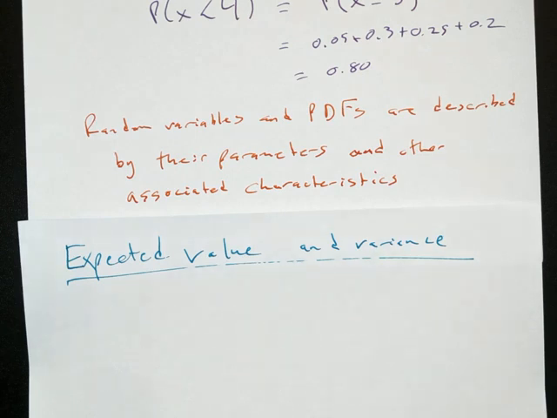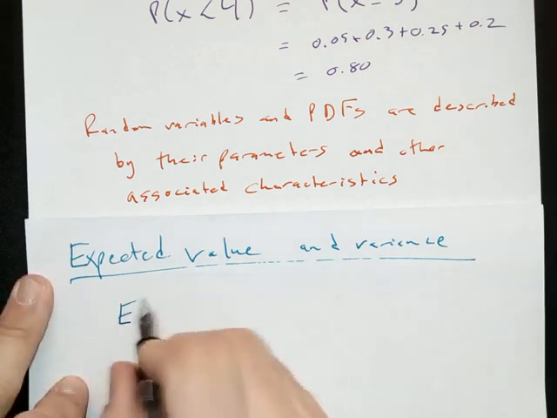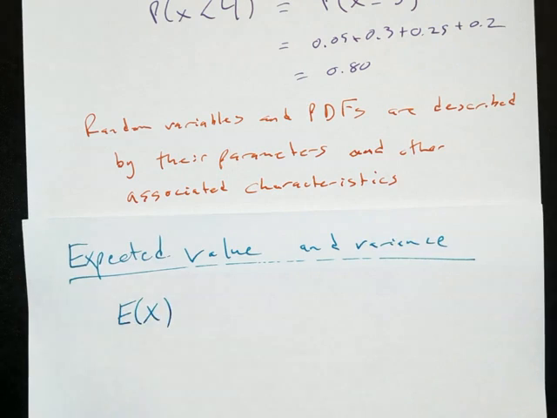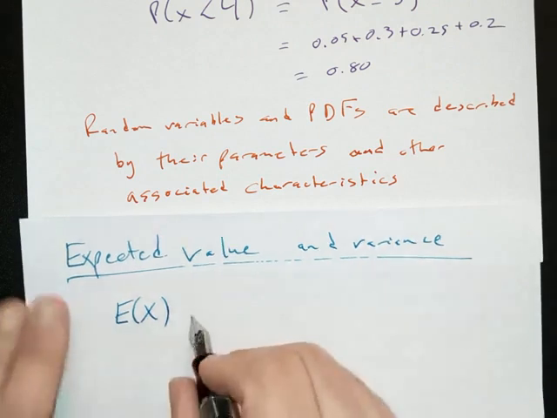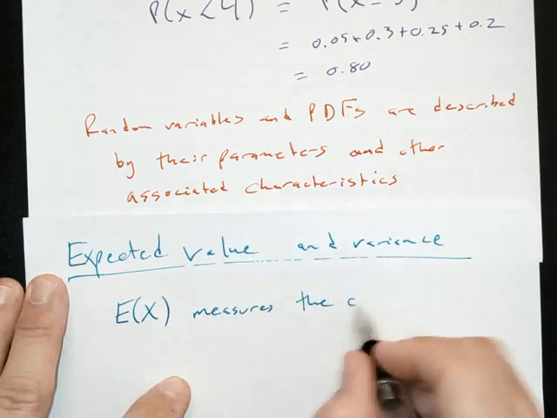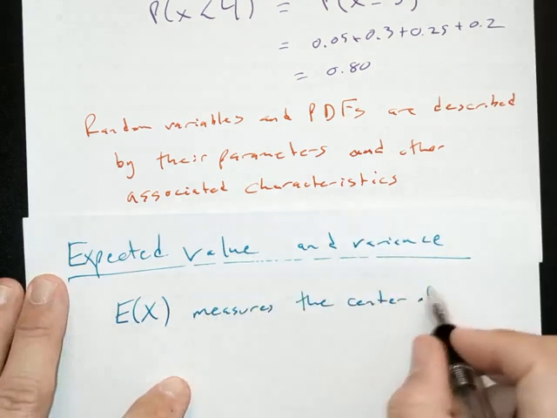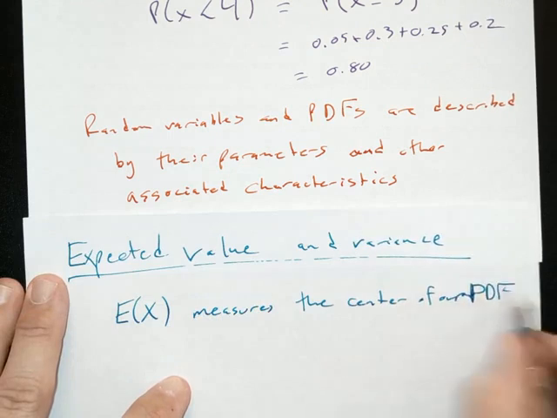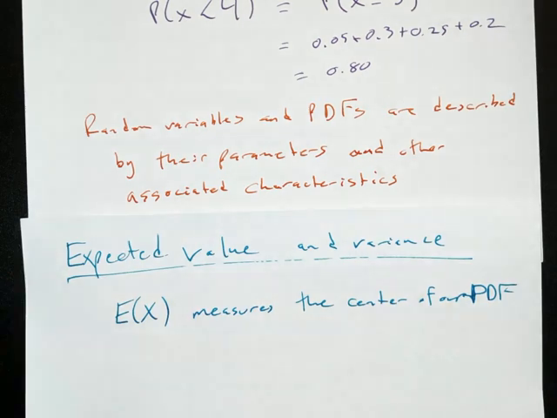The probability version is called an expected value, E of x, because x is our random variable, right? So E of x is the expected thing from x. And it measures the center, just like an average did.